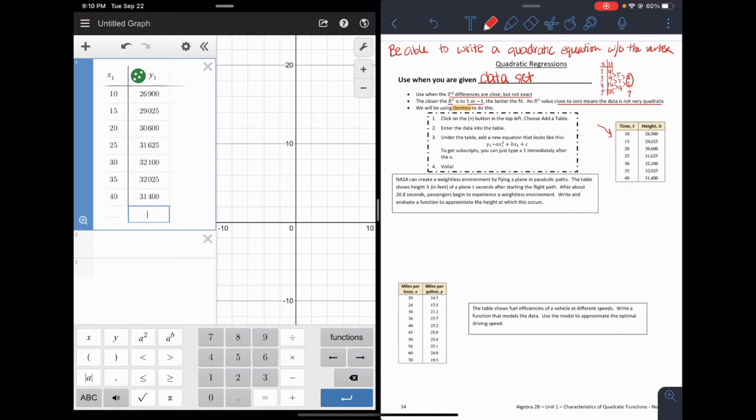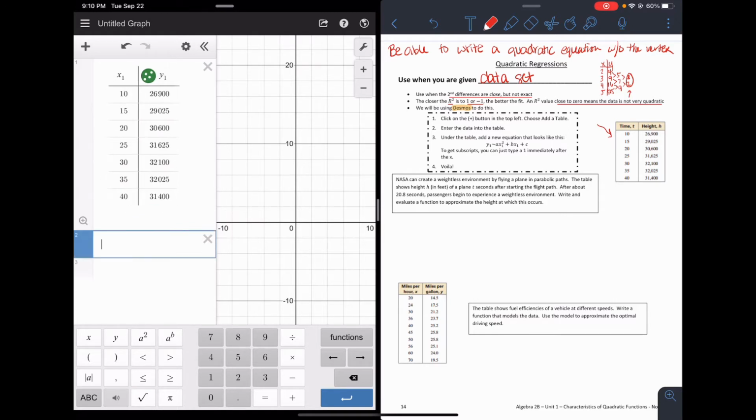Okay, so I entered the data into the table, and you'll notice that it called the data x1 and y1. So what I'm going to do is I'm going to say y1, and I got that by just typing in y and then the number 1. If you type a number right after a variable, it makes it a subscript. Then not equals, excuse me, we use this little squiggly.